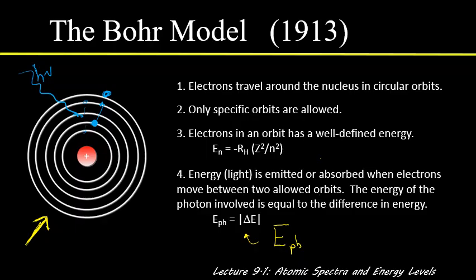The reason I've got the absolute value there is because if the electron is going from a high energy to a low energy, that change in energy is going to be negative. If it's going from low energy to high energy, the change in energy for that electron is going to be positive. So delta E can be either positive or negative, but the energy of the photon is always going to be positive because the energy of the photon is just the amount of energy. I also want to remind you that the energy of the photon is Planck's constant times the frequency.